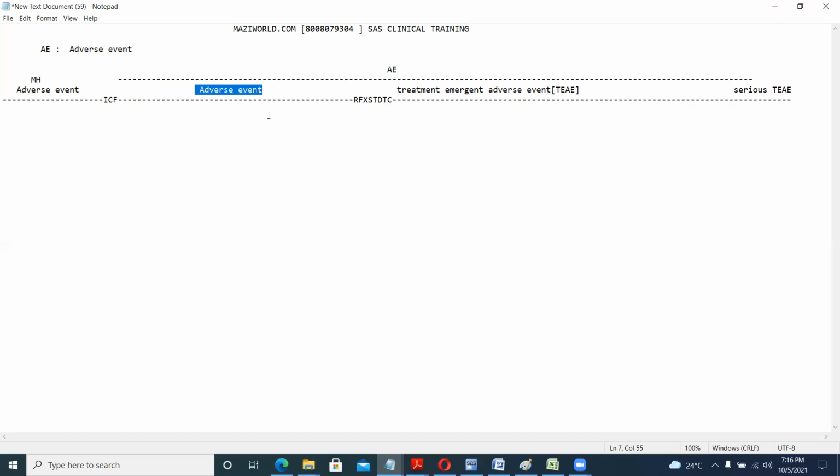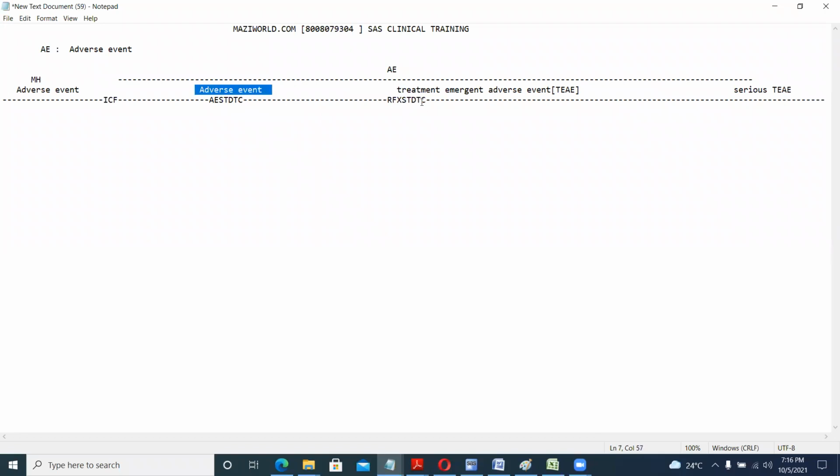So treatment before, if AESTDTC, this is a variable. That means before the treatment, if the subject is getting any adverse event, those records will be considered as an adverse event.